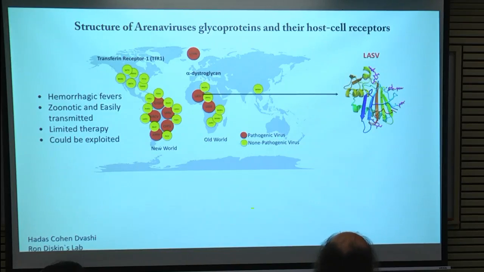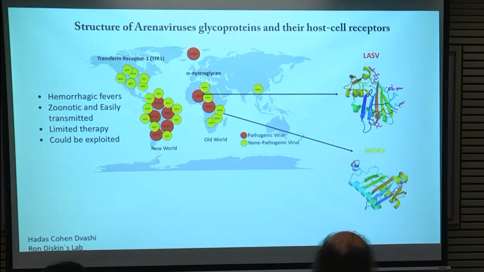One is the very pathogenic Lassa virus. The second was the Morogoro virus, which is non-pathogenic, and by comparing it to the Lassa virus, we could detect the exact binding site and the exact amino acids which are important for binding to the human host.